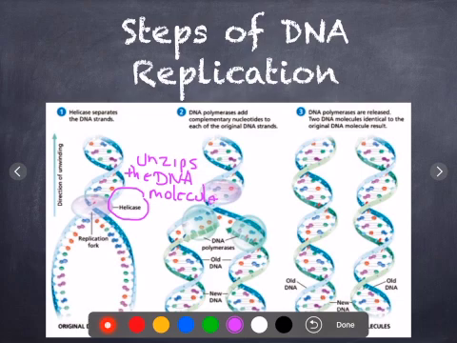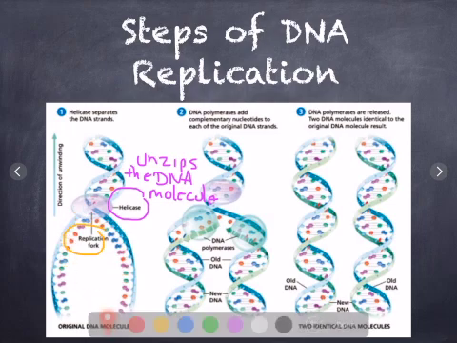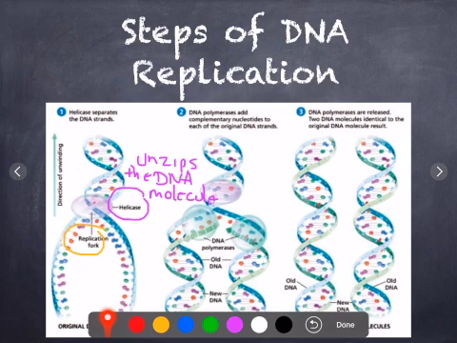You see here, it comes through and breaks these hydrogen bonds, and we form what's known as a replication fork. This whole open area right here is what we refer to as the replication fork. And all this is doing is allowing the DNA polymerase to come in and bind to this site.